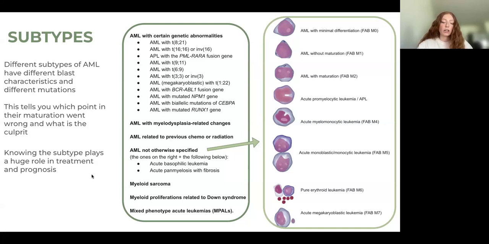Knowing the subtypes helps doctors know the best treatment and the prognosis. It plays a huge role in that, and I just wanted to mention it in case you see words like this. It's a subtype, and it really plays a big role in the treatment and prognosis.